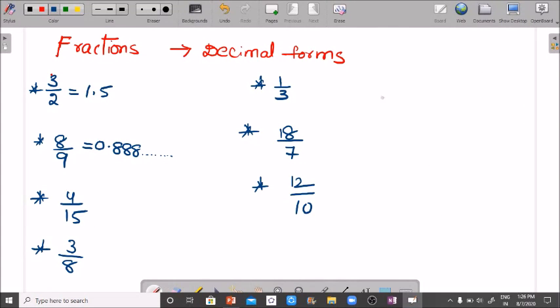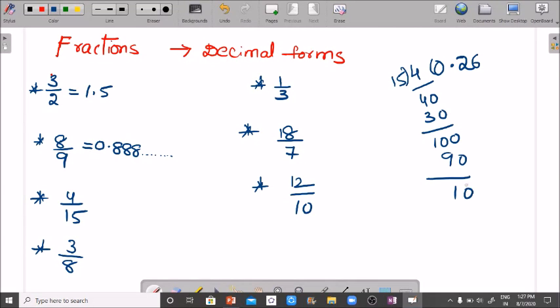Next, 4/15. 4 divided by 15. 4 is smaller than 15, so take 0 point, then 40. 15 twos are 30, remaining 10. Take 0. 15 sixes are 90, remaining 10.